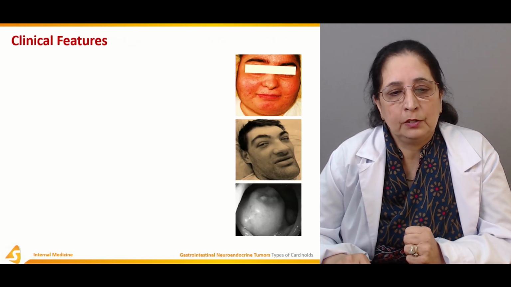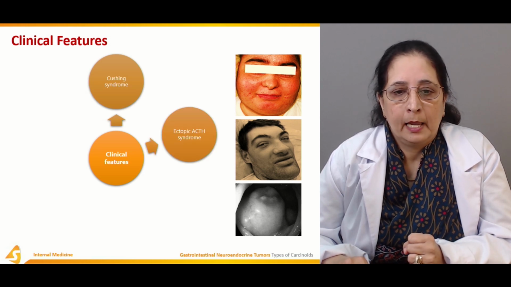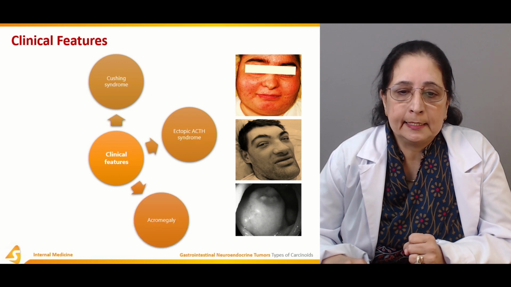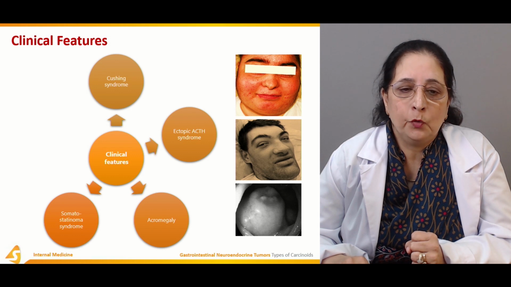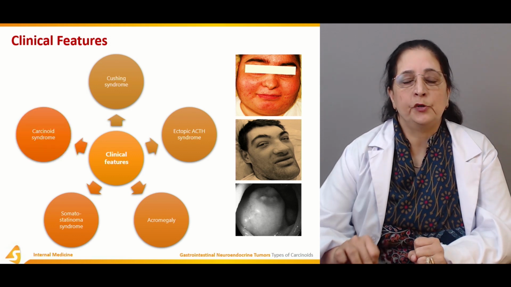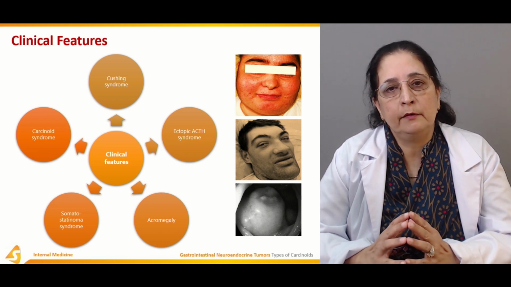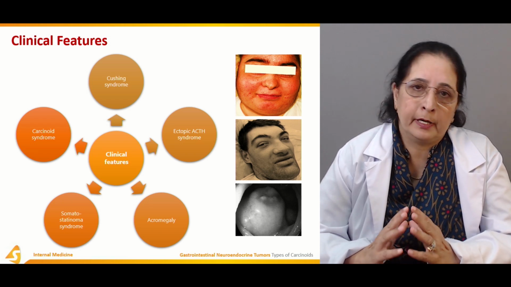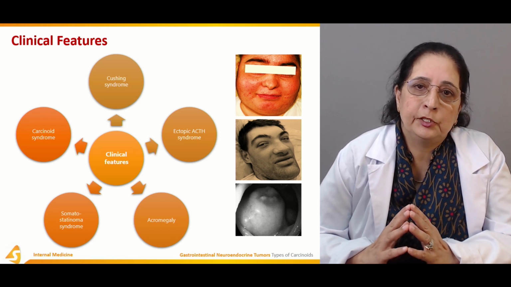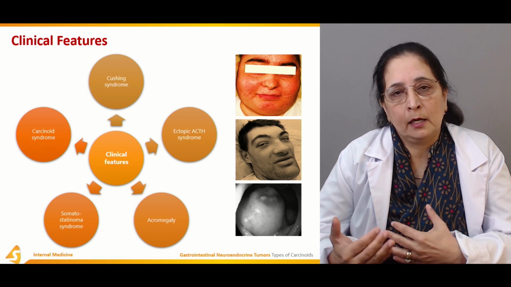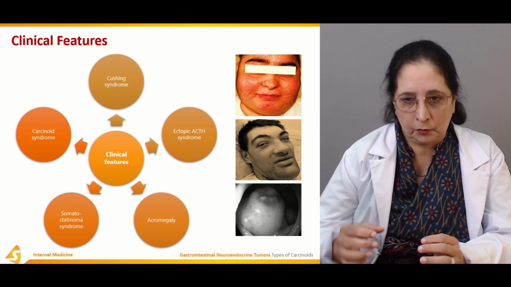Clinical features are Cushing syndrome, ectopic ACTH syndrome, acromegaly, somatostatinoma syndrome, and carcinoid syndromes. These are all the syndromes associated with the production of different peptides by gastrointestinal tumors, and they produce different systemic symptoms and syndromes.